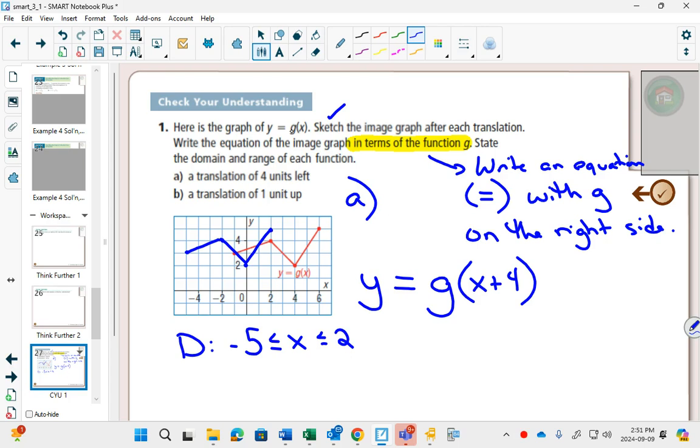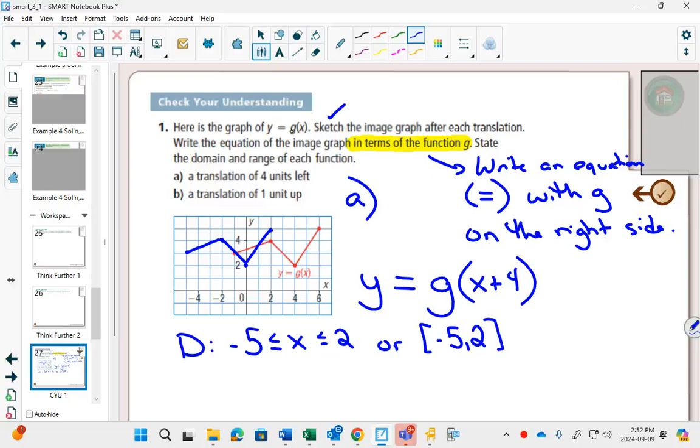Make sure this is connected. Or, in interval notation, we would have a square bracket going from -5 to 2. So at the beginning, I'll do both notations for a bit, just so that you can see both of them. Later on, I'll start choosing one or the other.